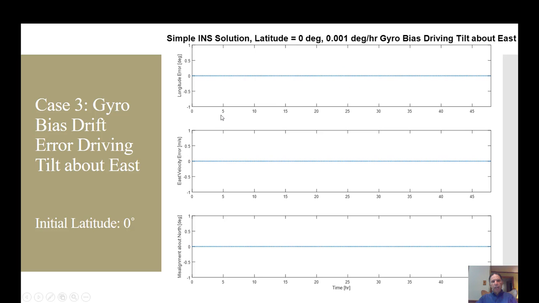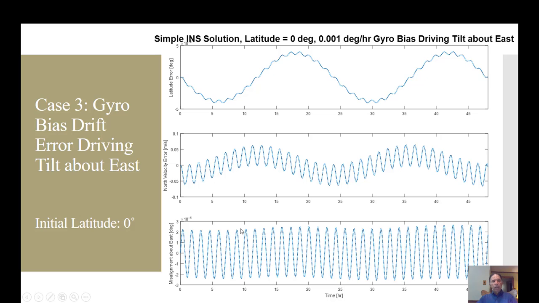This, again, at an initial latitude of 0, longitude error is 0, east velocity error is 0, and misalignment about north is 0. This completes case 3, which, again, as you remember, is a gyro bias drift driving tilt about east.